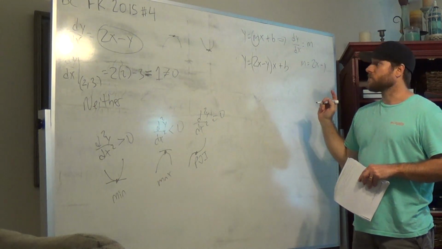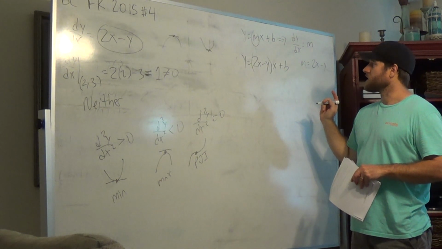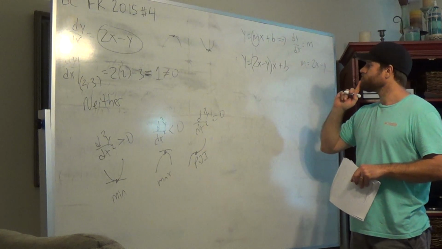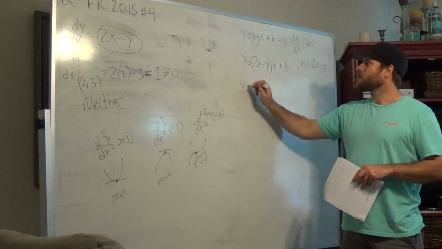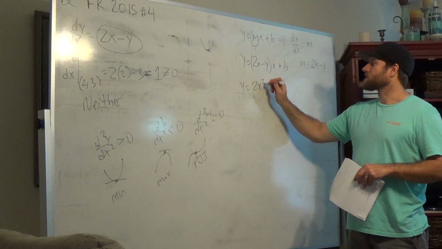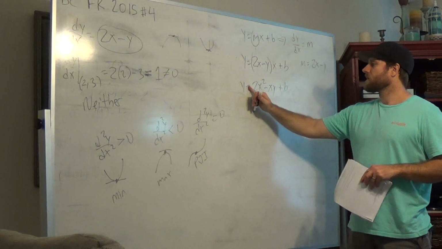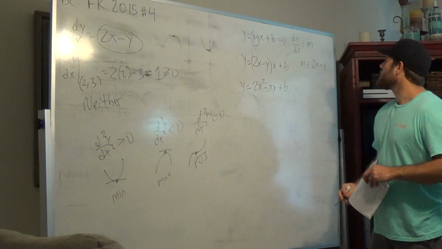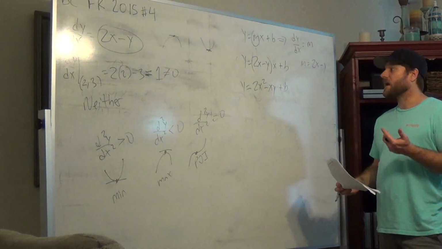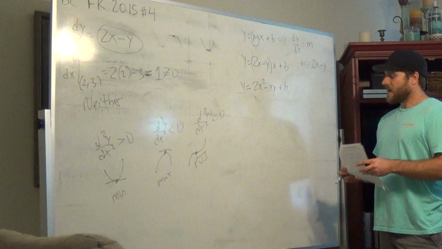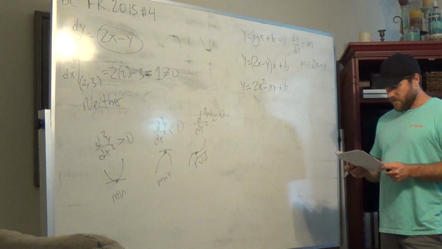I hope this goes somewhere because it's not looking like it's going anywhere fun. y equals, let me distribute, 2x squared minus xy plus b. I know I'm on the right track, and that got me absolutely nowhere.